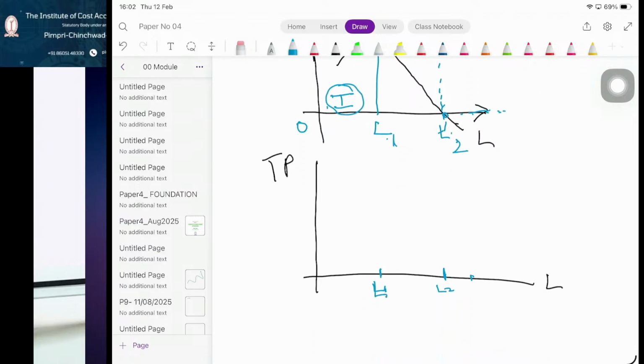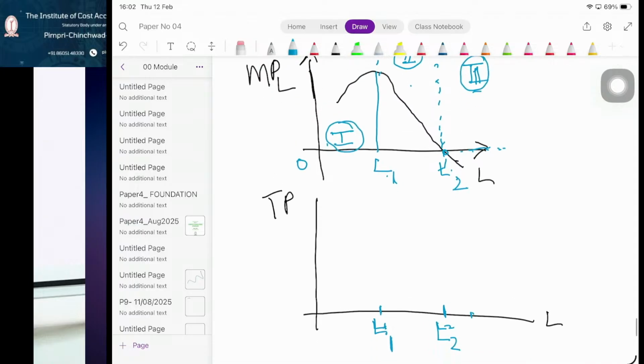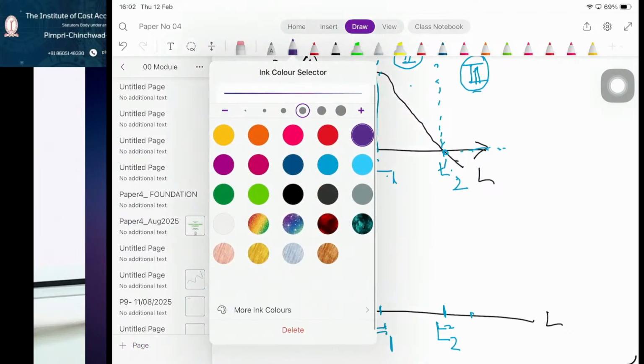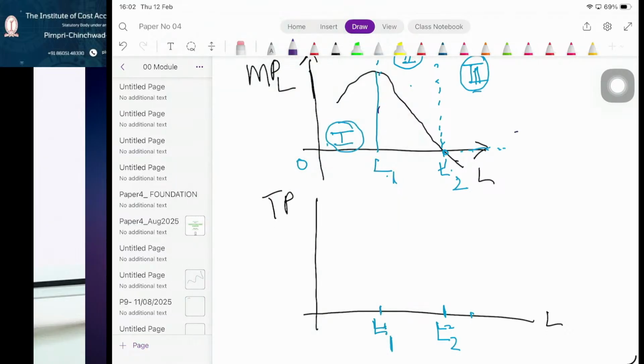Draw marginal product and this curve one below the other. Once you do this, you'll have to mark this point on L1. Till this point, marginal product is increasing. So I mark a point like this, and what happens? Our production function starts at 0, it goes on increasing till it hits this point L1.